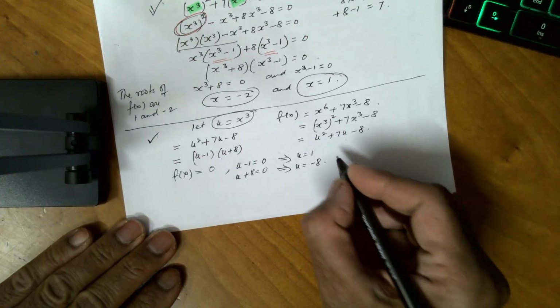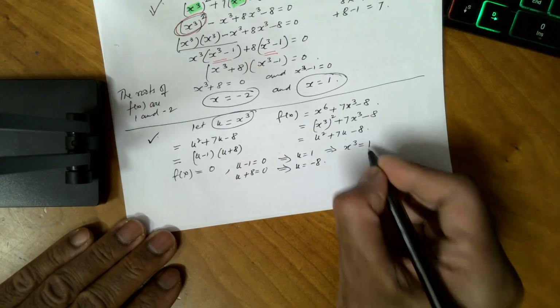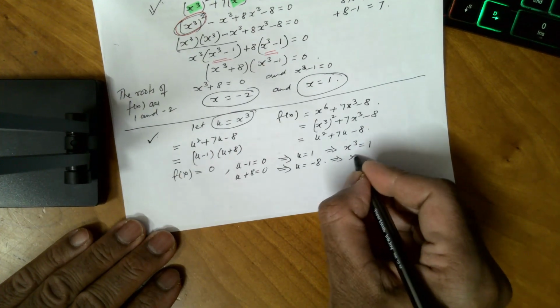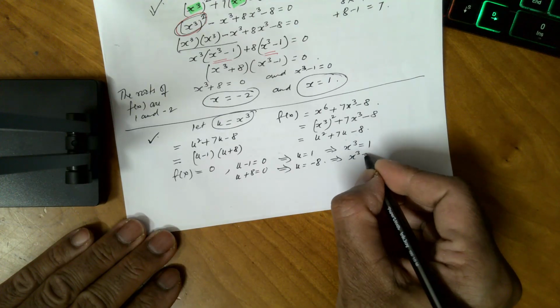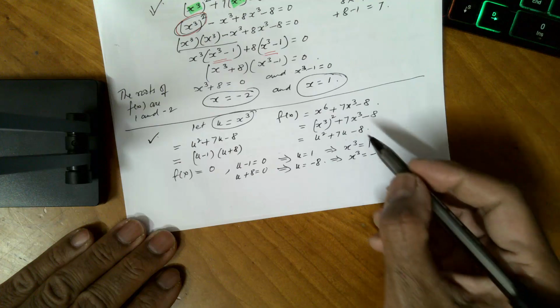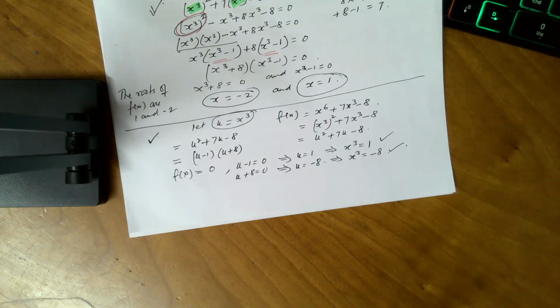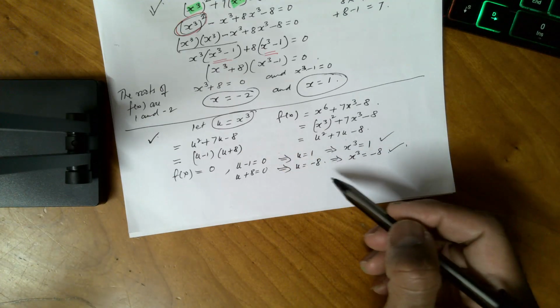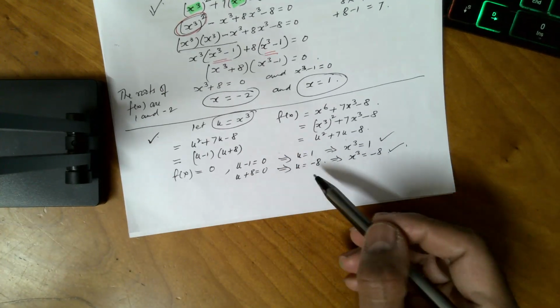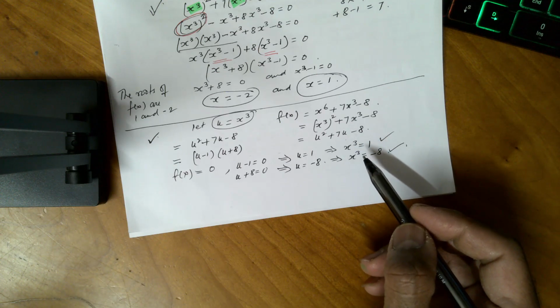So replacing this with x3, that will give you x to the power 3. Okay, you must do this, otherwise you will lose marks if you leave it with just the u. So this is what it will give you, right?